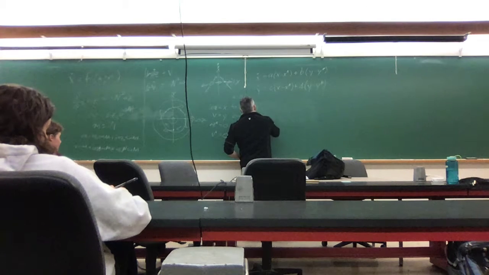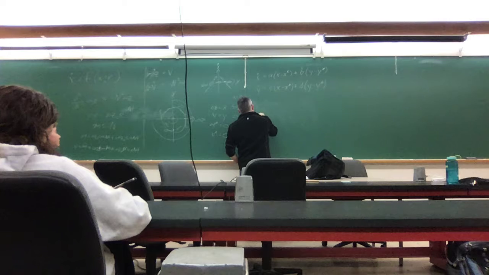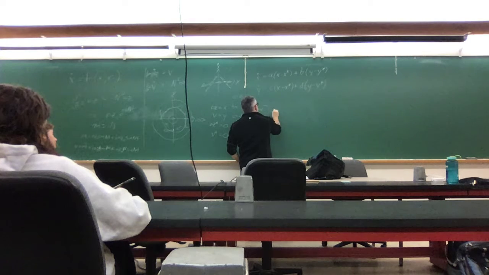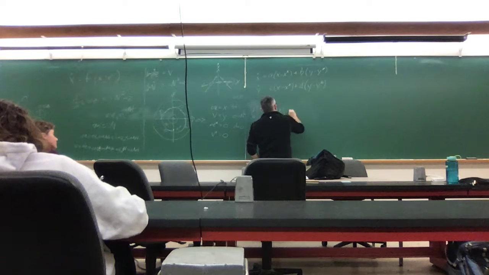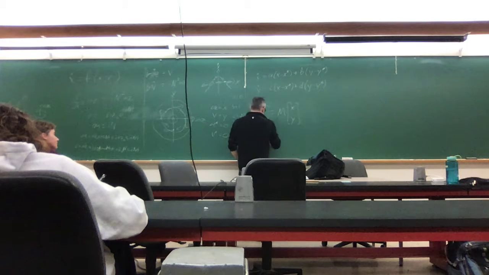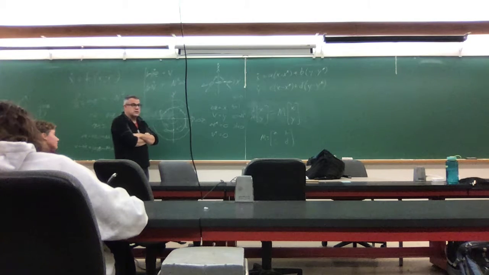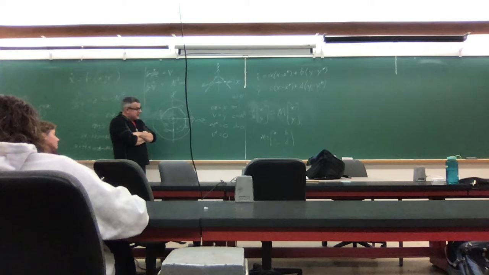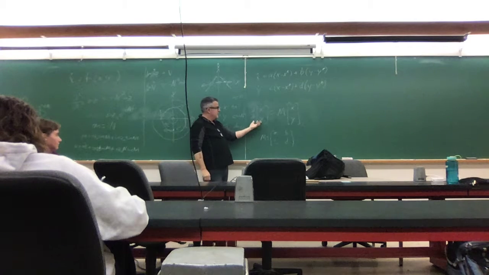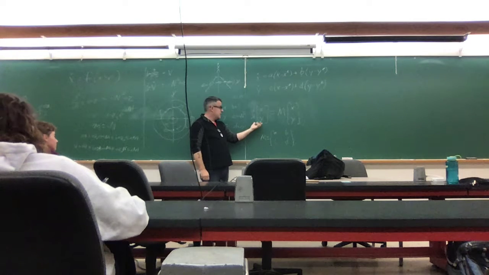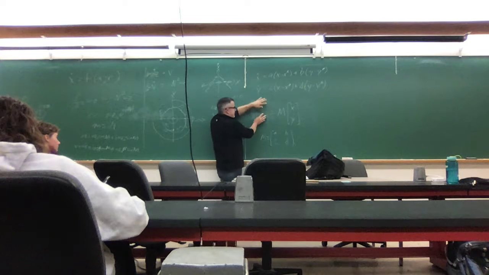And if we really want to go hardcore, we could write this as a matrix equation, where M is A, B, C, D. And this is nice, because now we actually know how to solve an equation like this to some extent.